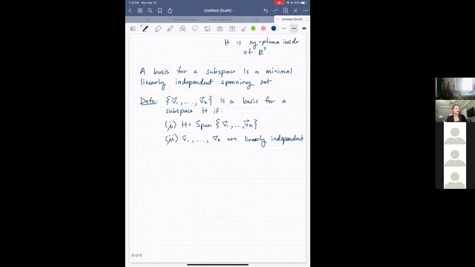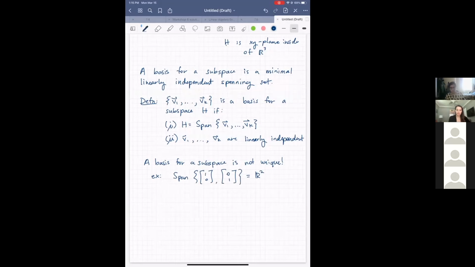Okay. So I just wanted to point out a basis for a subspace is definitely not unique. Right? There are many different bases that we might have for a particular space. So for example, we know that in R2, the two coordinate vectors, (1, 0) and (0, 1), span all of R2, right?